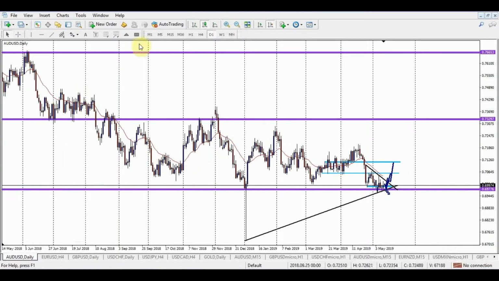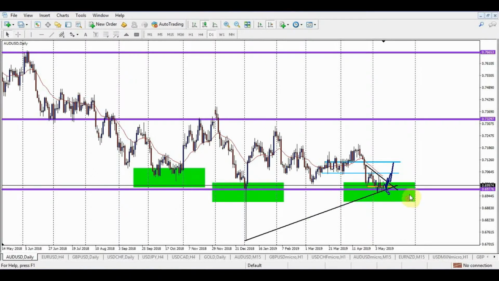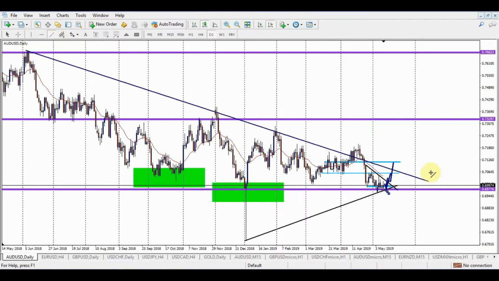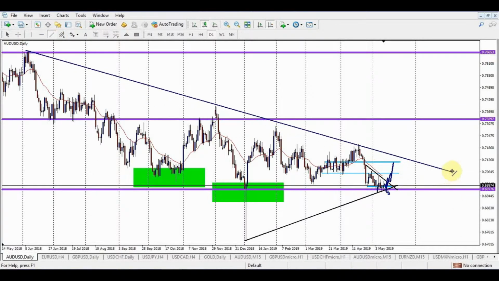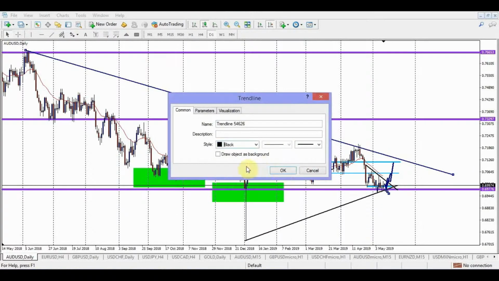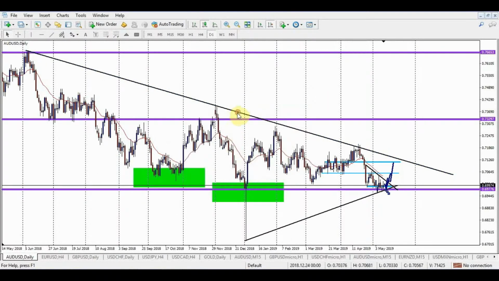Here I was seeing an inverted head and shoulder for the longest while, and I believe it's still playing out, so maybe this will continue to go up. Alright, from this downtrend here, maybe we'll have a change of structure to take us to the upside.